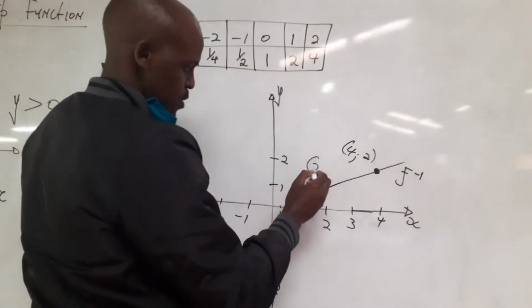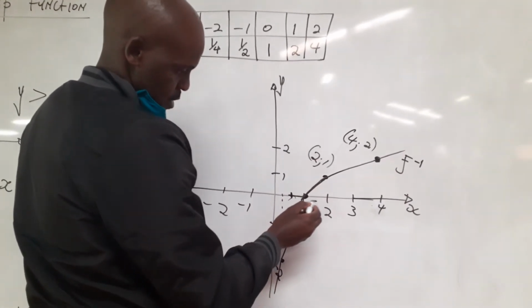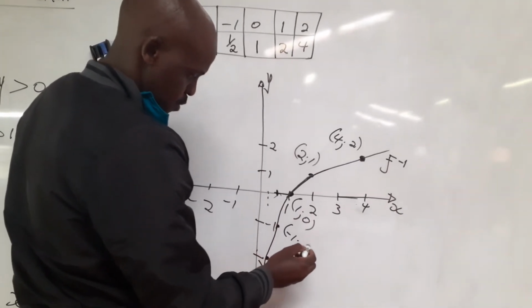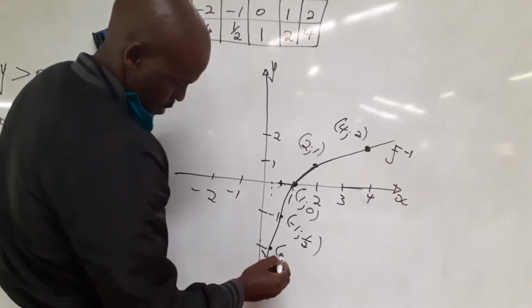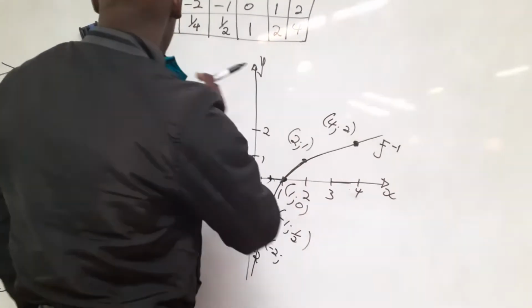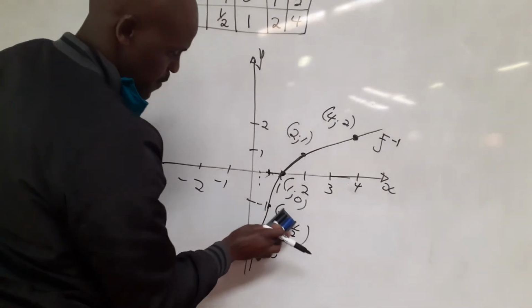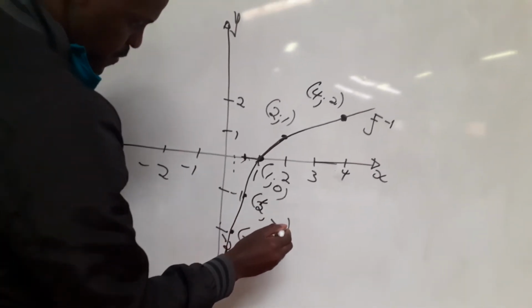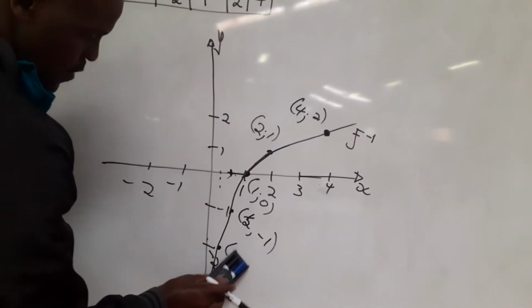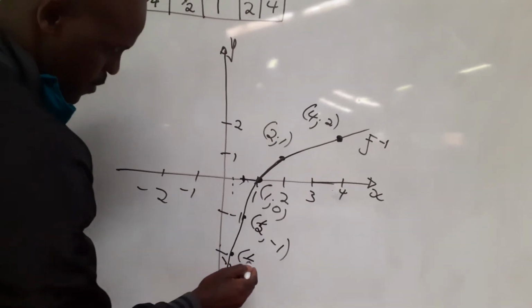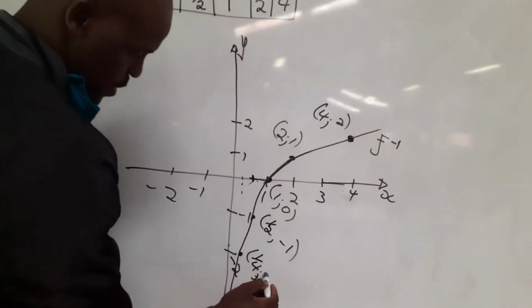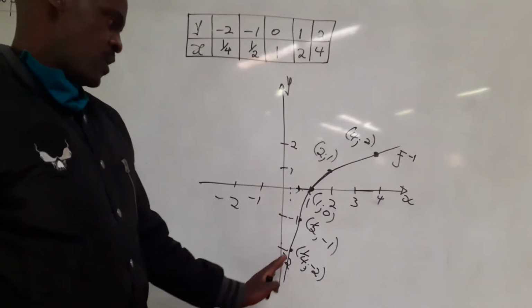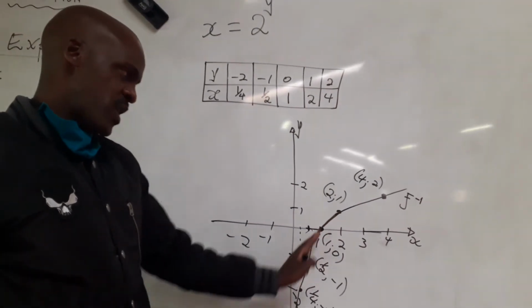We've got 2 is to 1. 1 is to 0, and then 1 over 2 is to negative 1, and then here it's 1 over 4 is to negative 2.